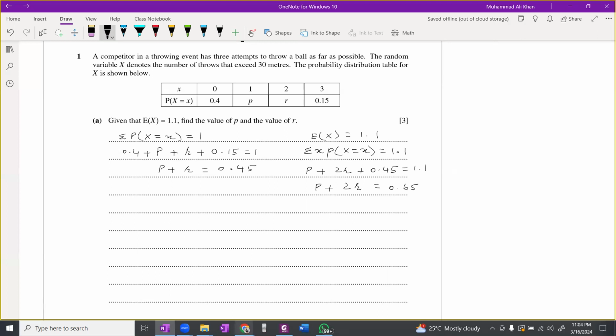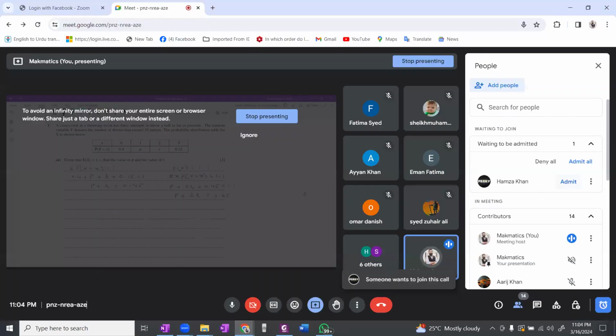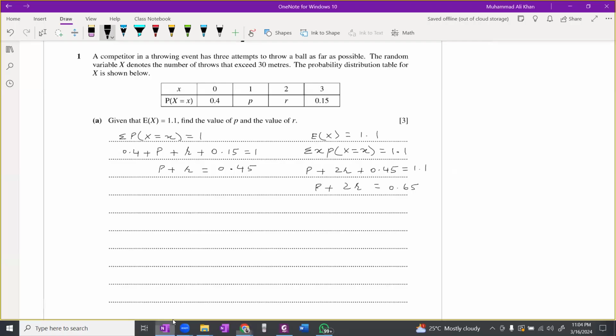Now we will solve both equations simultaneously. From the first equation, the value of P is 0.45 minus R. Putting this in equation 2: 0.45 minus R plus 2R equals 0.65.